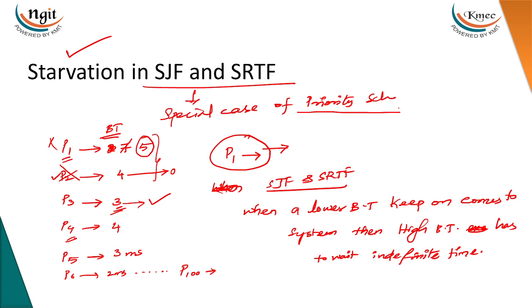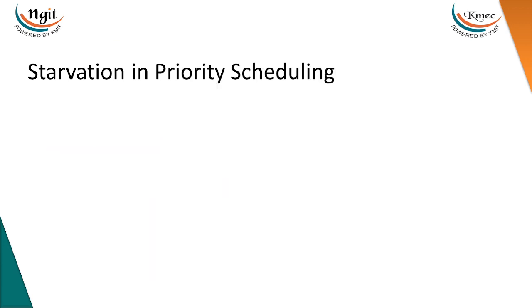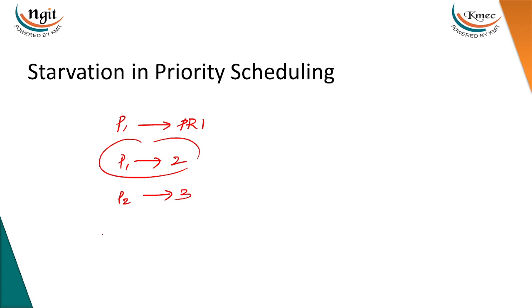So starvation will also come in priority scheduling. We can simply say that in priority scheduling, every process will be assigned some particular priority. Here also, if process P1 has priority 2 and, while it is executing, P2 comes with priority 3, then P3 comes with priority 4, and while it is executing, P4 comes with priority 5. All these higher priority processes keep on coming into the system.